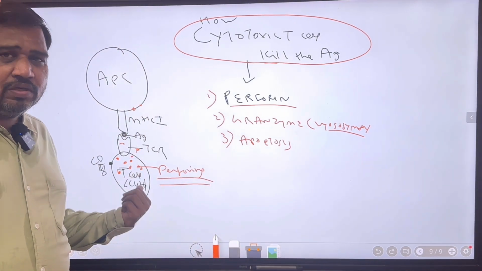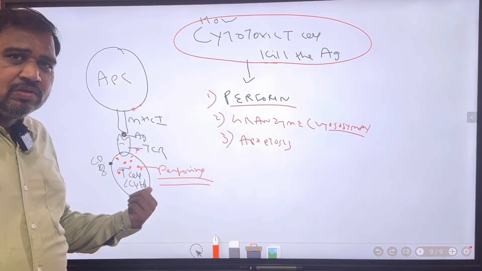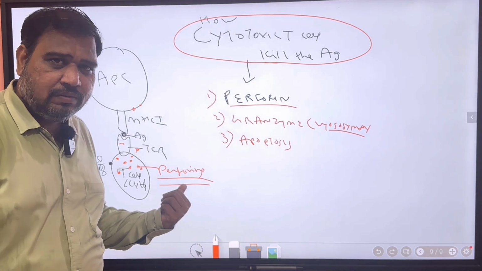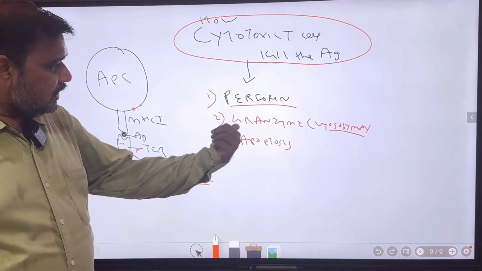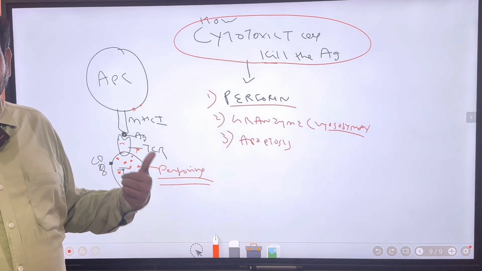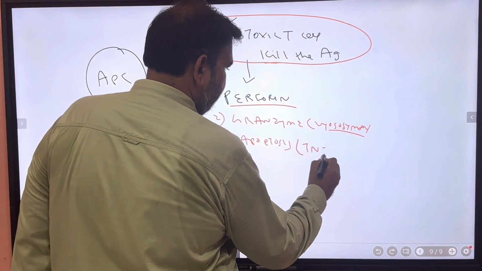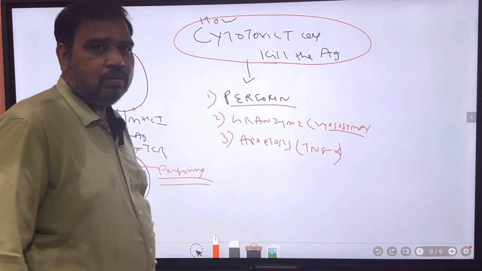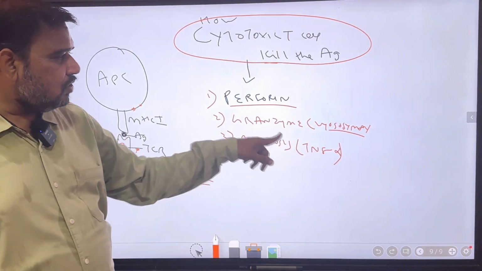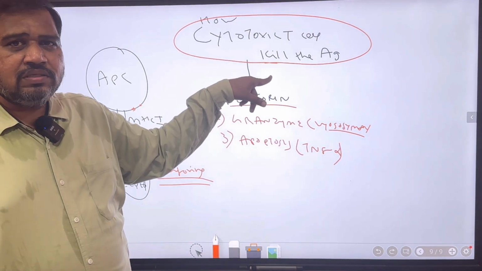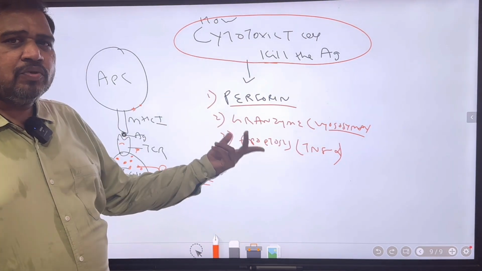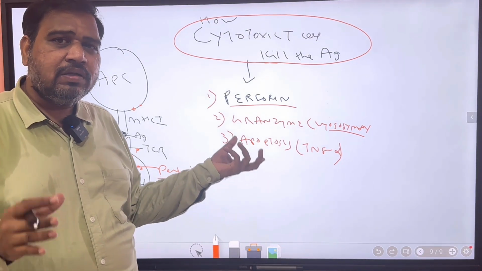In case of cytotoxic T cells, besides releasing perforins, it can also release breaking down enzymes called granzyme, and it can also kill by releasing tumor necrosis factor alpha. Note it down: tumor necrosis factor alpha can also be released by cytotoxic T cells, which can cause apoptosis. Apoptosis is programmed cell death.